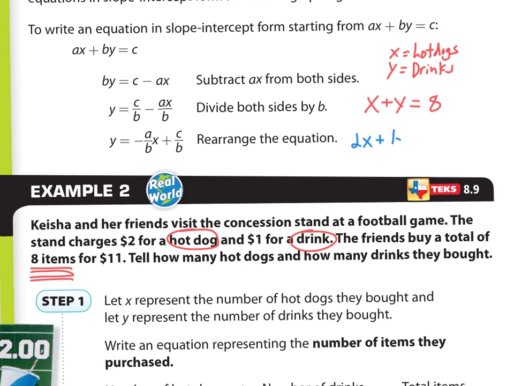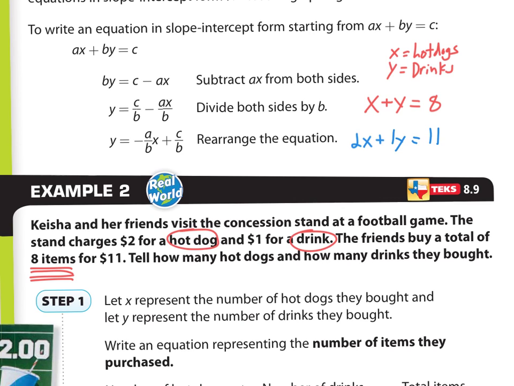So if I take $2 times the number of hot dogs and $1 times the number of drinks, how much is that going to be overall? Overall, how much will it equal? The price, $11. Now we have our 2 equations.